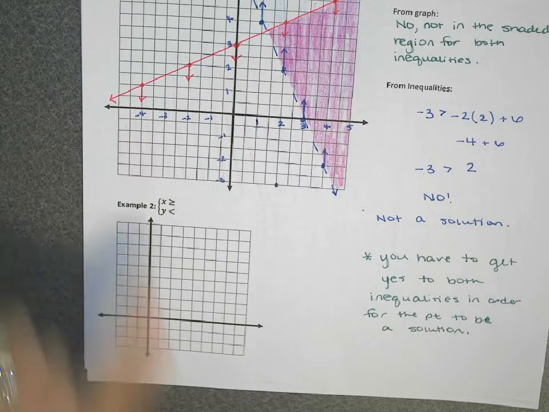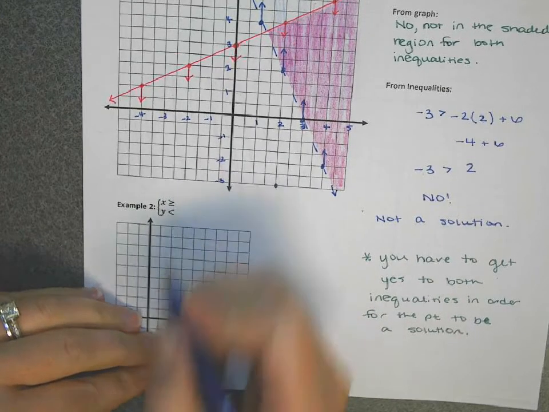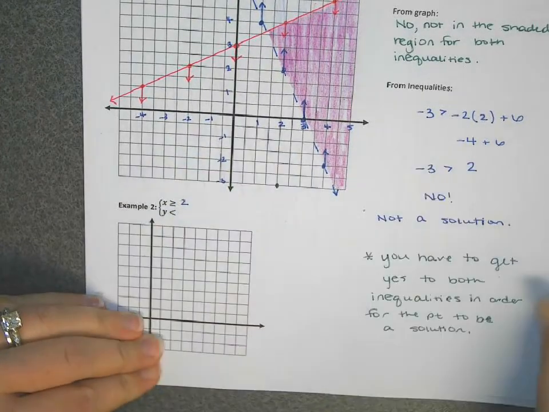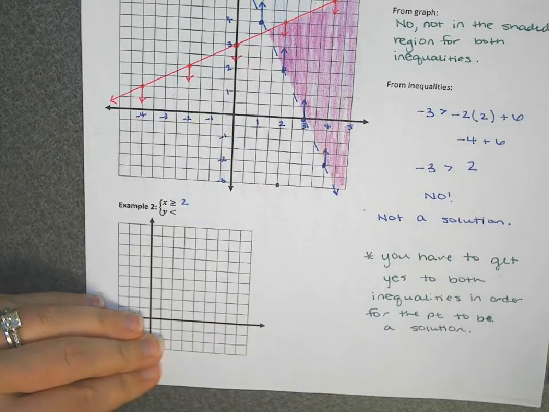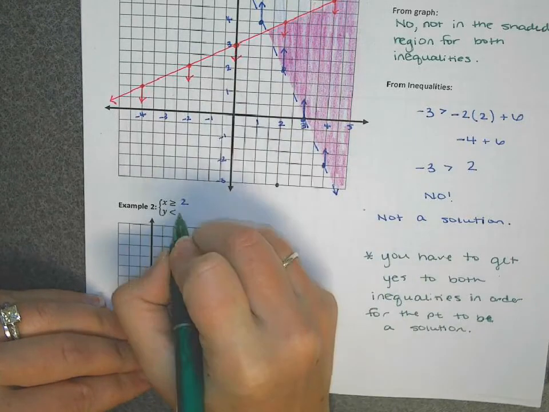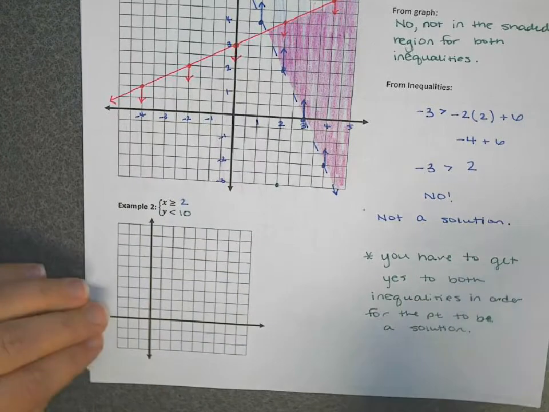All right, so our next example: x is greater than or equal to 2, and then y is going to be strictly less than 10. So I'll start, we'll put some scales on our graph.